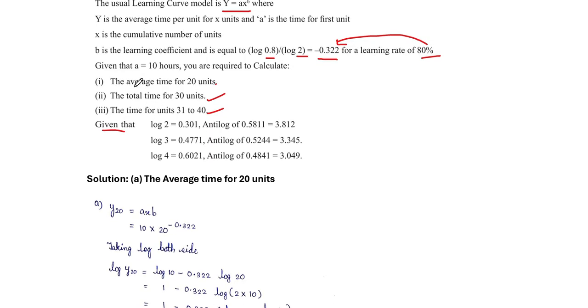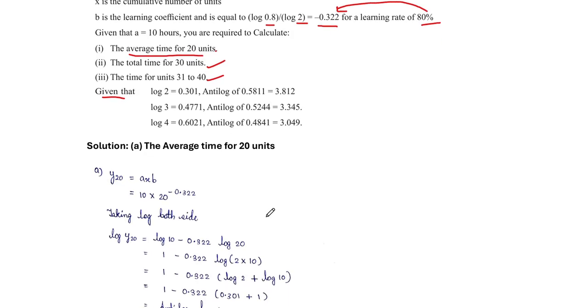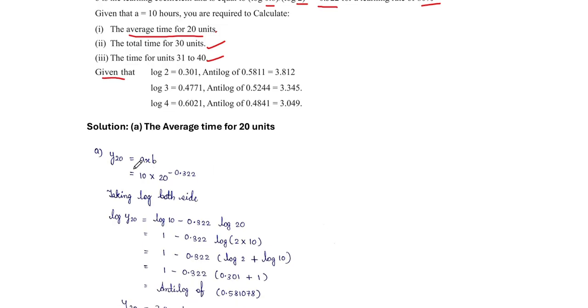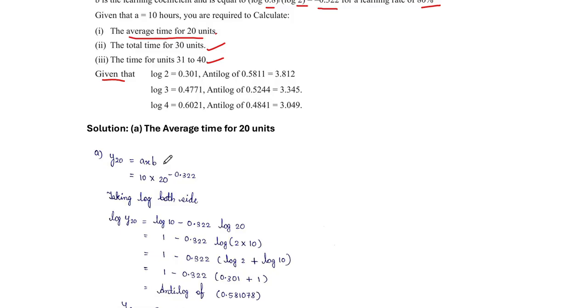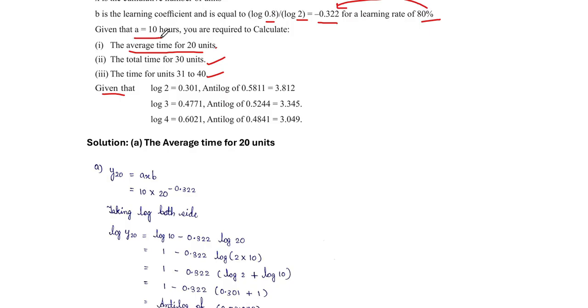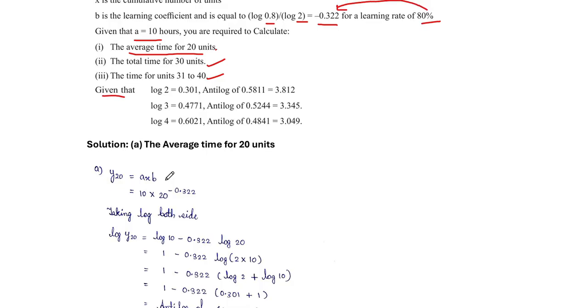First point is we need to find the average time for 20 units. Let's start. Y20 is equal to a into x to the power b. Now we will assume a is equal to 10 hours. So 10 into x.